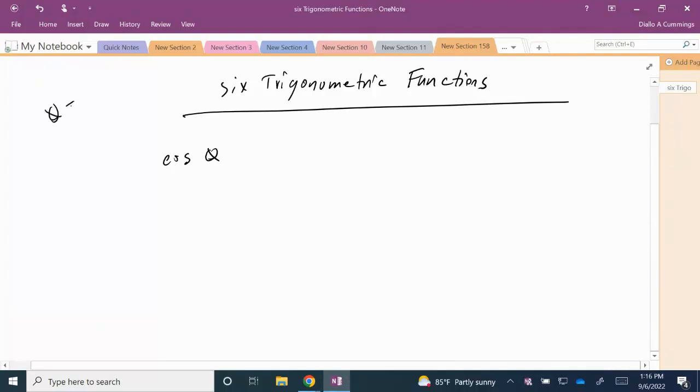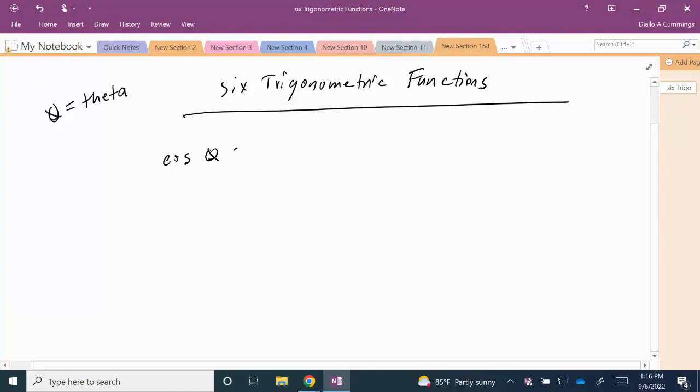And this symbol you see here, this is called theta. In trigonometry, just as in algebra, we use variables. However, in algebra, we use Arabic variables, letter variables, A, B, C, D, X, Y, Z normally. In trigonometry, we use letters of the Greek alphabet.